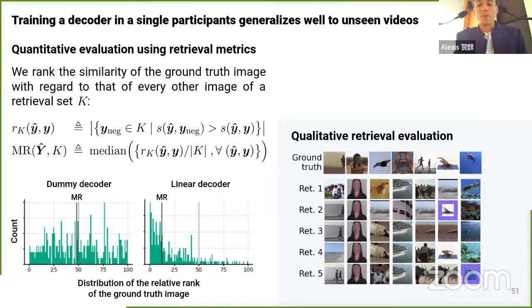I think this would be doable with more fMRI data, where we actually show images to participants whose distribution correctly maps that of the test set. But at this stage, with just a few hours of data and just a few hours of movie clips, I think it's very unlikely that we can build a retrieval set that has all the good properties that we could hope for. No, yeah, it's difficult.